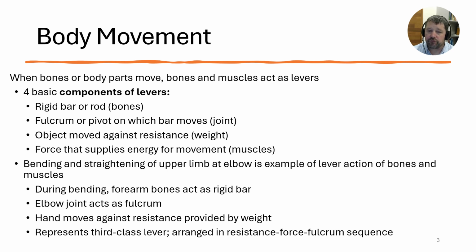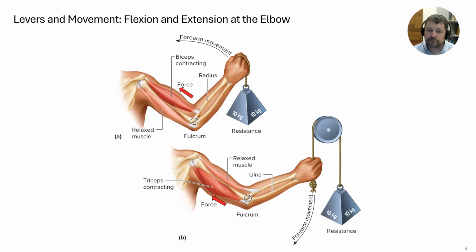Depends on how much resistance there is, because remember, in some cases, when the resistance is greater than the force, you have an eccentric reaction. Okay, so just looking at this, here's your resistance, say 10 kilograms. There's a force being pulled by the bicep.